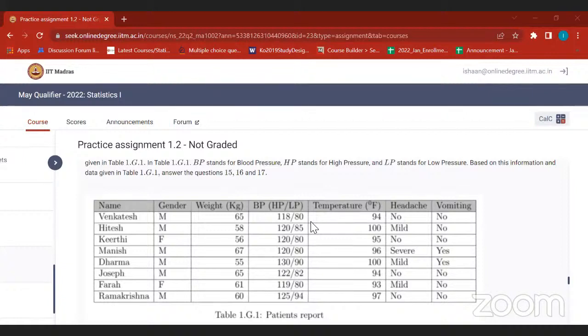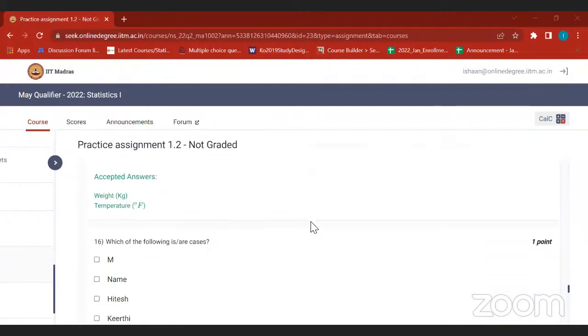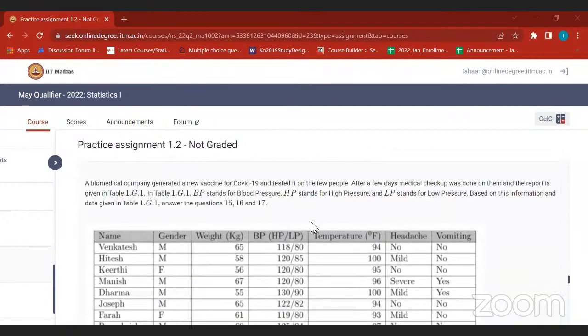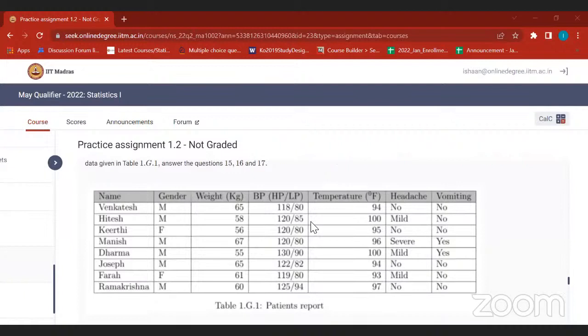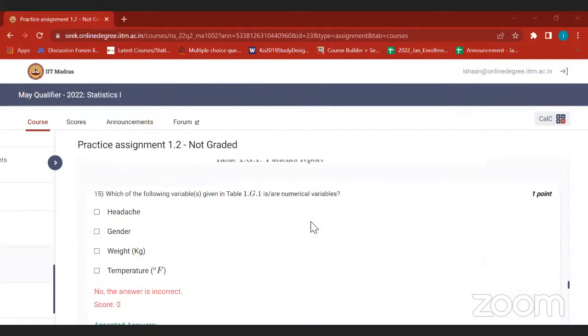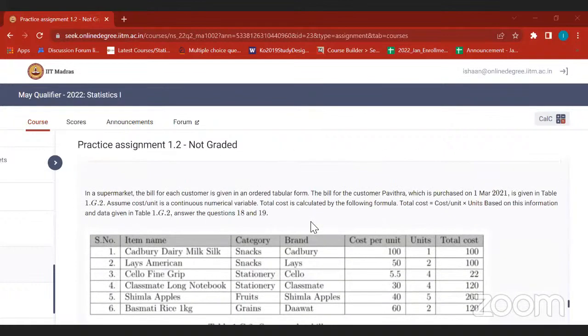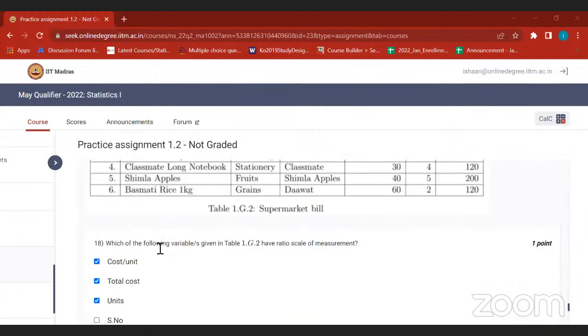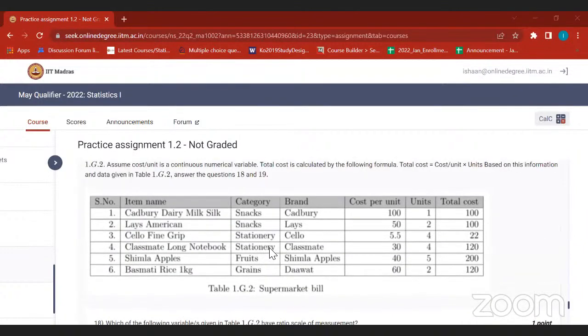Means no sensible data. So it's not even a numerical variable. First check whether it's numerical or categorical. Then tag that it's nominal. Now I understood, sir. So first check whether it's categorical or numerical, only then move forward. It's categorical.